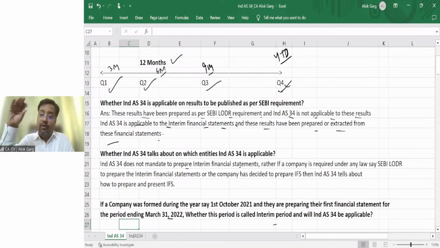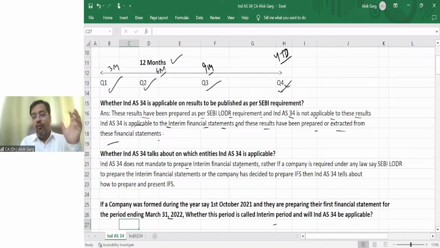Now filing the statement for all these numbers, of course, is as per the SEBI requirement. But for calculating net worth, total current assets, current liabilities, solvency ratio, profitability ratio, we need to prepare some financial statements. We need to prepare balance sheet, P&L, cash flow, etc.